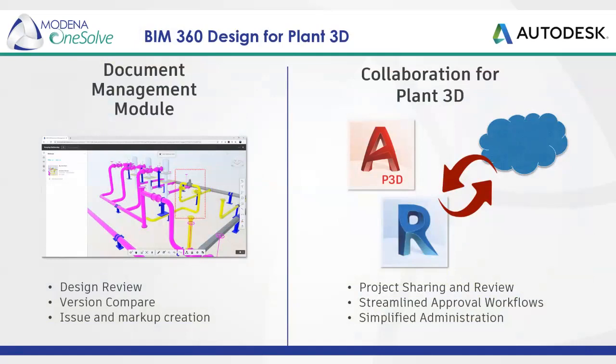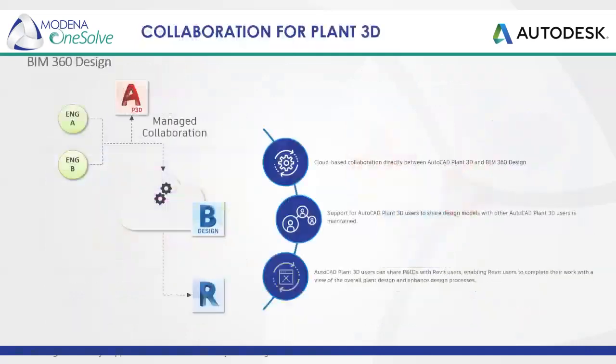So again, looking at BIM 360 Design, what it adds is project sharing, collaboration, and simplified administration to this common data platform, being BIM 360 Docs, for Plant 3D designers and design teams. Moving into the collaboration space with Plant 3D: with collaboration for Plant 3D, cloud-based collaboration is enabled directly between AutoCAD Plant 3D and BIM 360 Design.